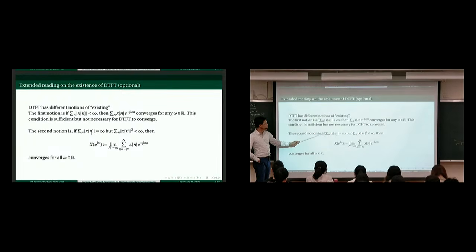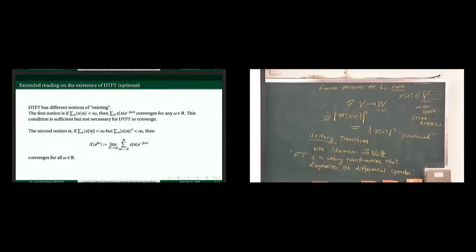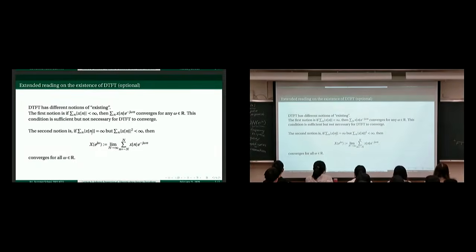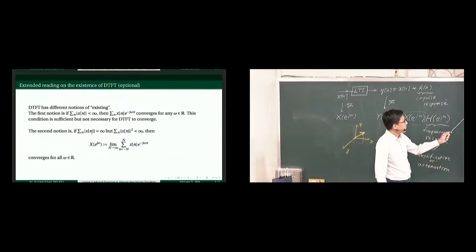If the signal is not absolutely summable, but its L2 norm exists and is finite, then we need to define the summation more carefully. If we define the spectrum as the limit, letting minus n and n approach infinity at equal speed, then this notion is well defined and it converges. Again, this is just extended reading you can find in the textbook.